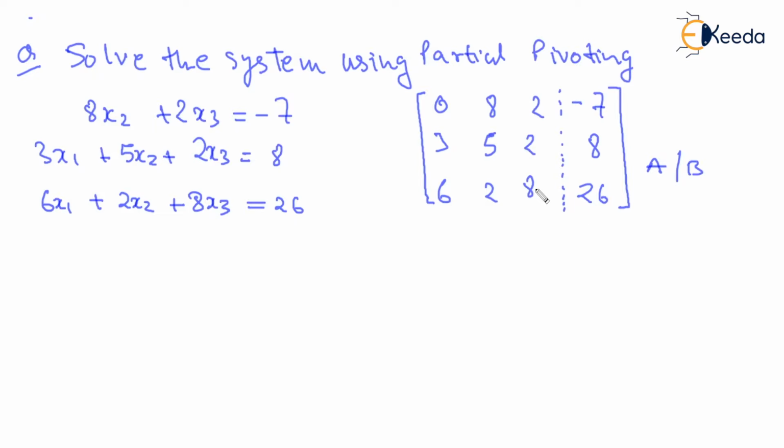Now to check for the pivots in column 1. In column 1 we can see that this element is 0, this is 3, this is 6, so the absolute value is highest for 6. This is 0 anyway, so we'll have to replace it with some value. So row 3 and row 1 can be exchanged.